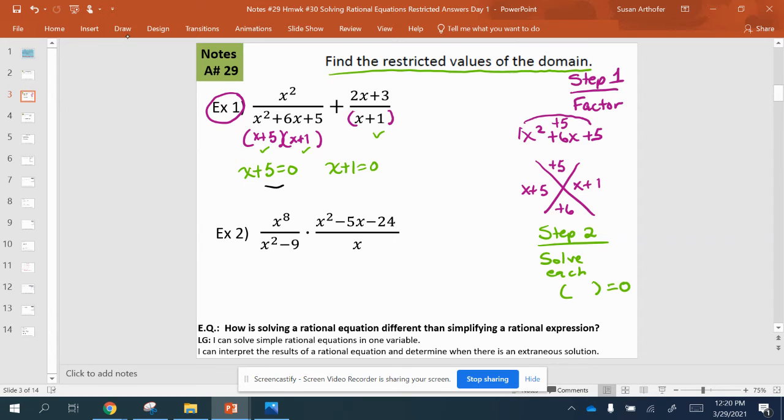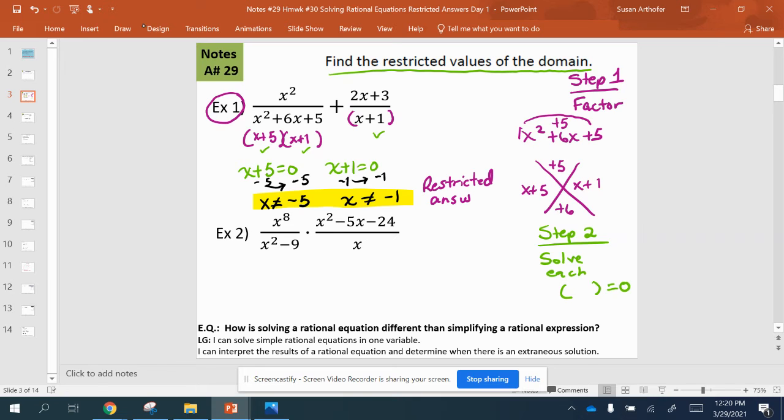To solve for x, you would subtract 5 from both sides. So x cannot be equal to negative 5. And this one, we would subtract 1. So x cannot be equal to negative 1. These are our restricted domains.